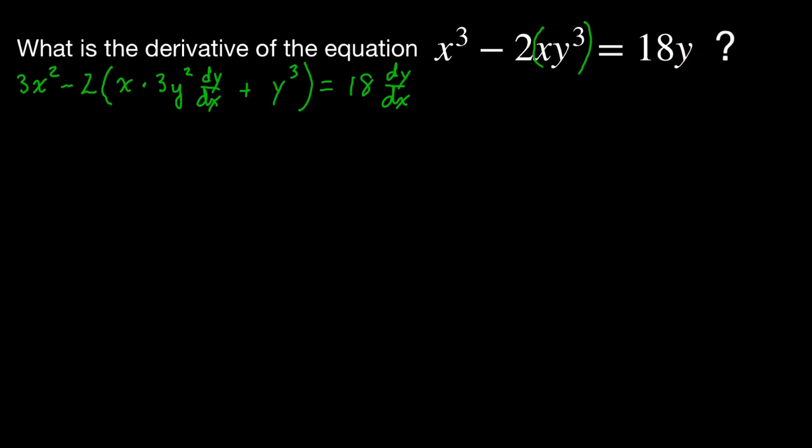All right, cleaning this up again, you're going to get 3x squared minus 6xy squared dy/dx minus 2y cubed equals 18 dy/dx.